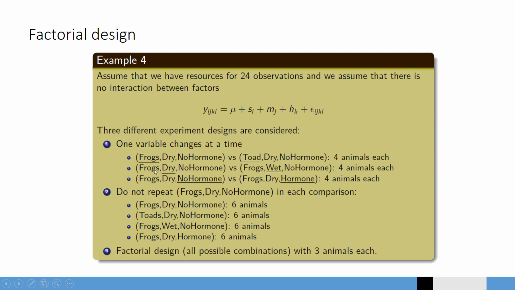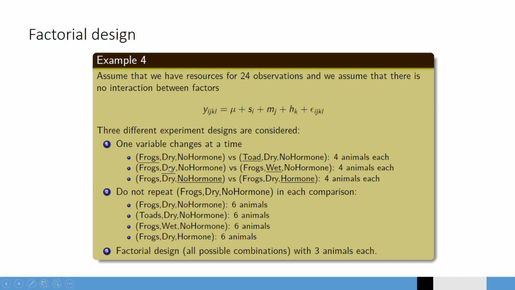You will have frogs and toads, and you will have hormone or no hormone, because you will measure how much water they absorb when they are given the hormone and when they are not given the hormone. And the amount of water they absorb may depend on whether in the 2 hours before the experiment they were dry or they were wet. So you will have also the dry wet factor.